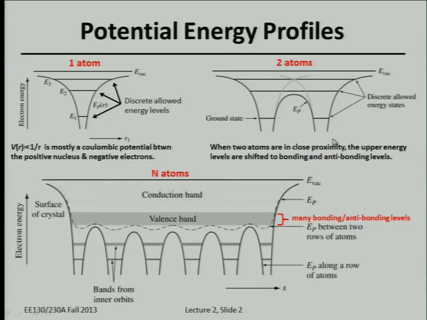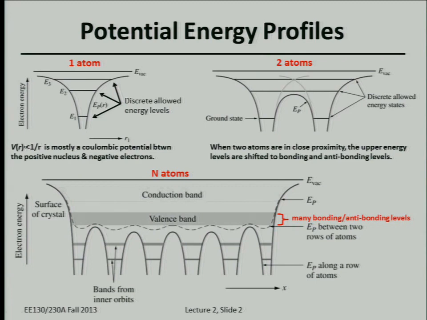Okay, so if you have a large number of atoms, capital N atoms, let's say this is the surface of the crystal on the left, and then you have many atoms all nicely arranged in a lattice. This energy level splitting happens more and more, and rather than a single allowed energy level, let's say E2 or E3 for a single atom, you end up with a band of closely spaced allowed energy levels.